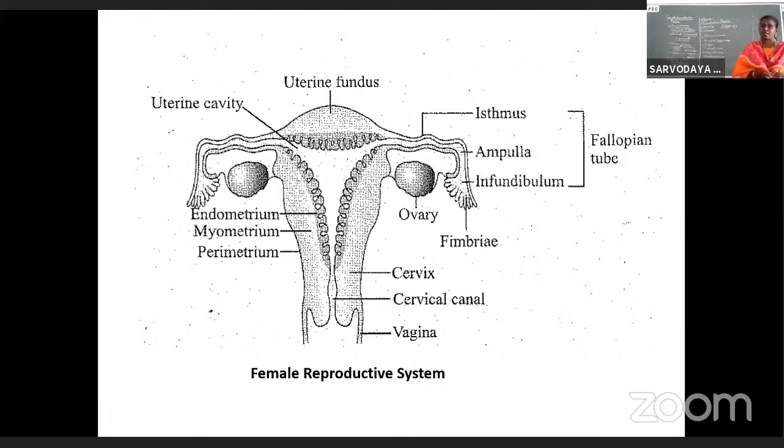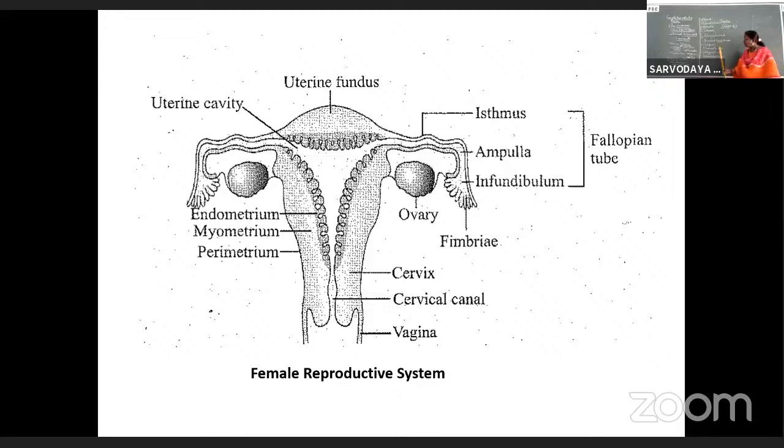What is the simple mistake? They will write perimetrium inside, middle myometrium, outside endometrium. The labeling is interchanged. Always remember, the name itself tells you where the layer is.